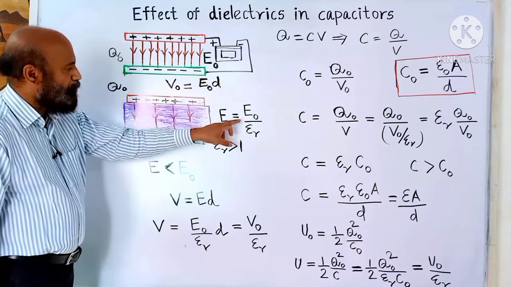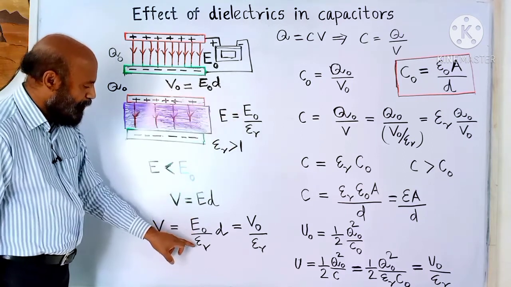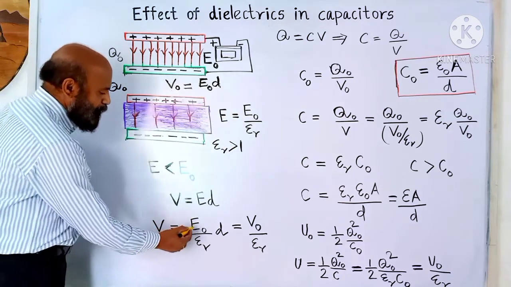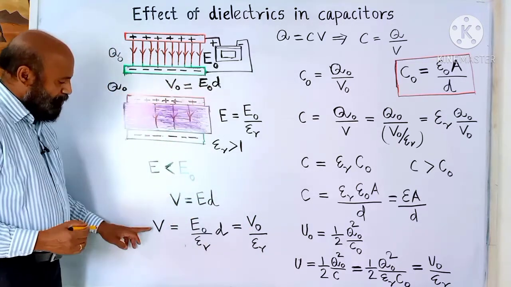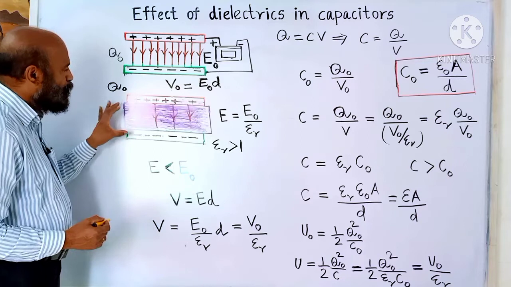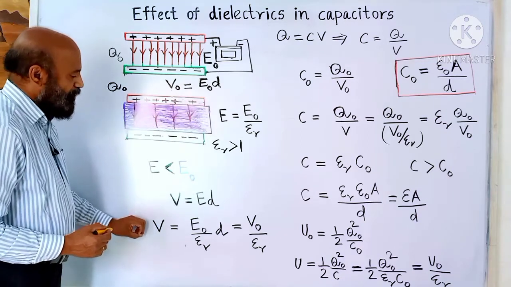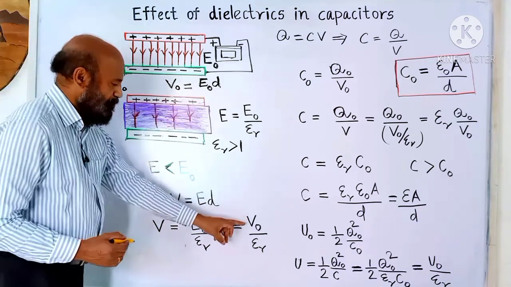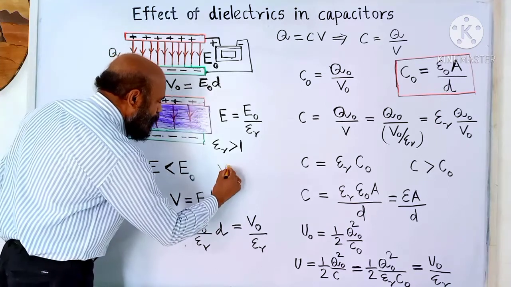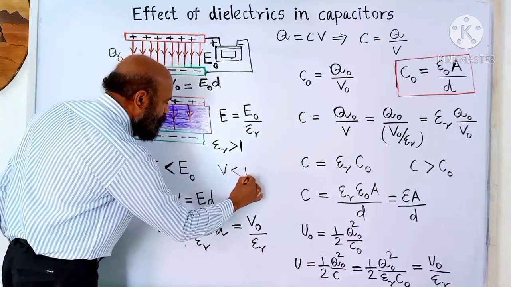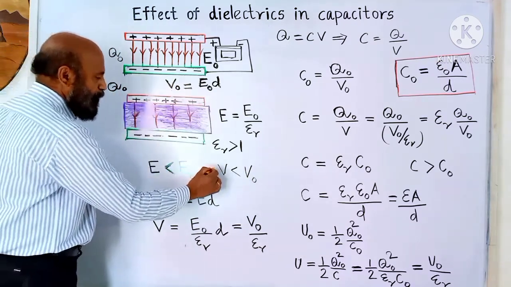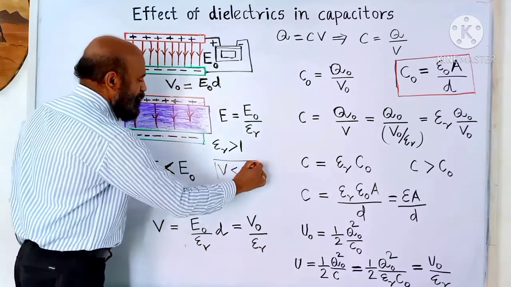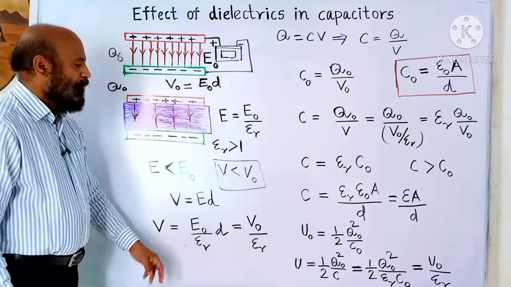For this E, you can substitute E0 by epsilon R. E0 into d is V0, so V is V0 by epsilon R. This is the potential difference after introducing the dielectric. So that is reduced. V will be lesser than V0. E is lesser than E0, similarly V is lesser than V0.